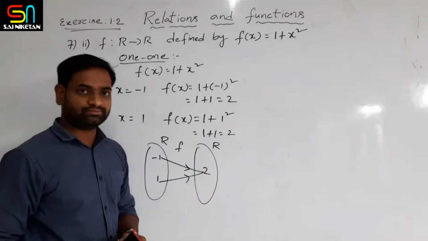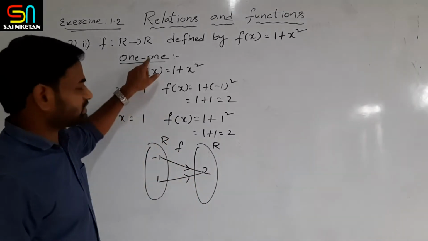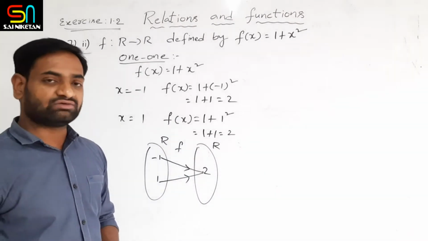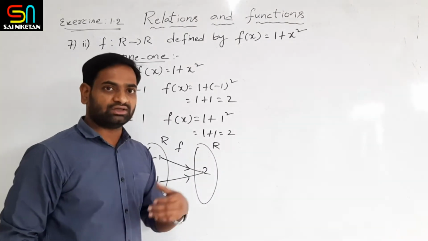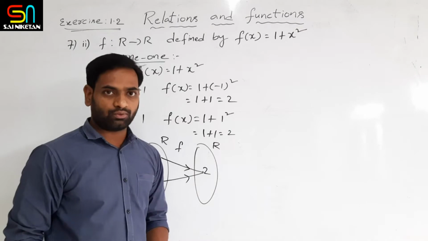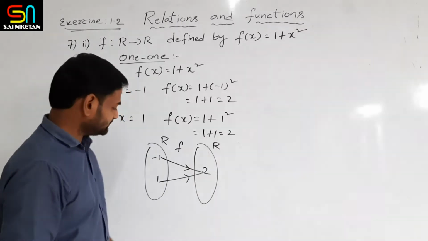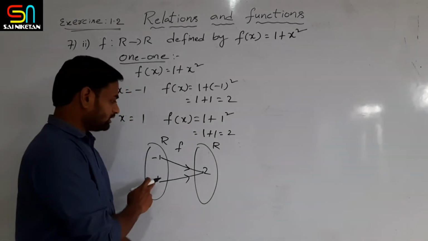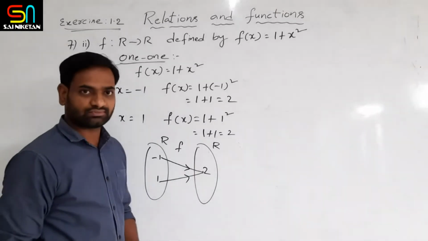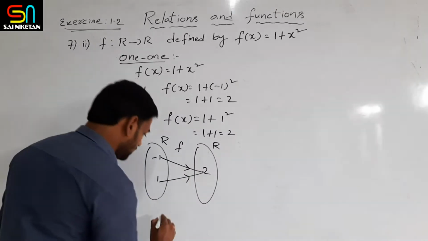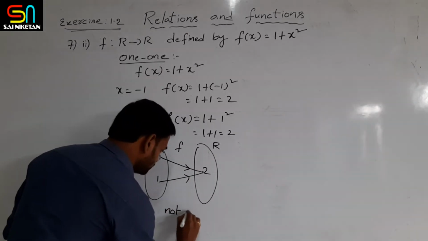Observe here, you are checking one-one. What is the one-one definition? Different elements should have different images. But here, minus 1 and 1 have the same image. That's why it is not one-one.